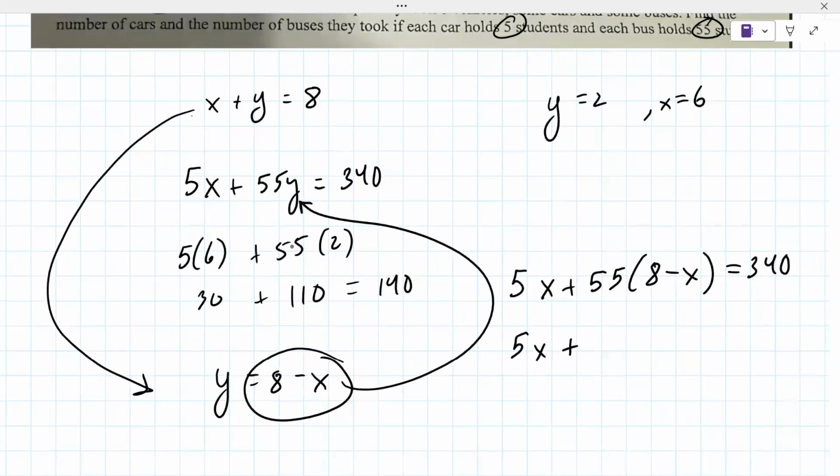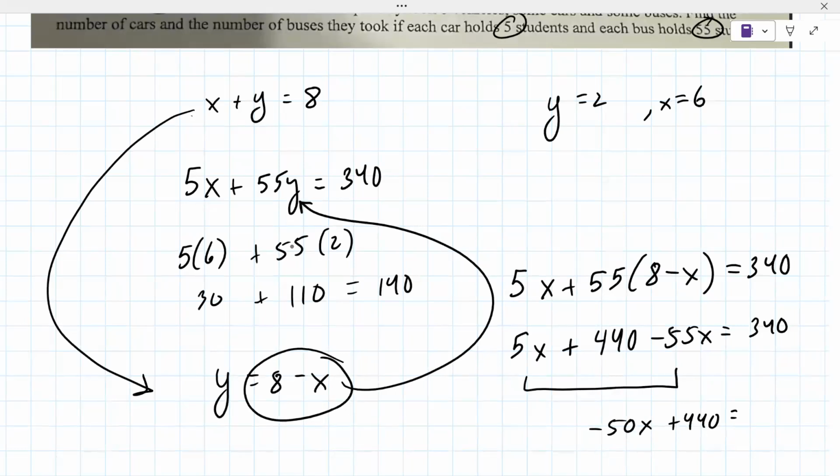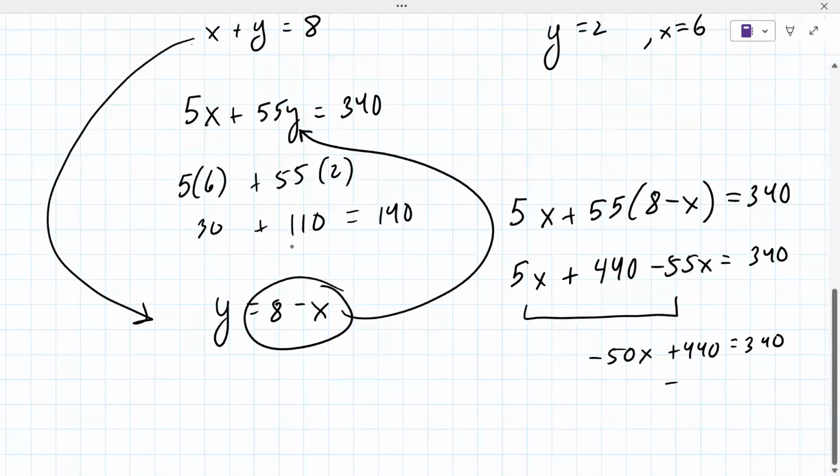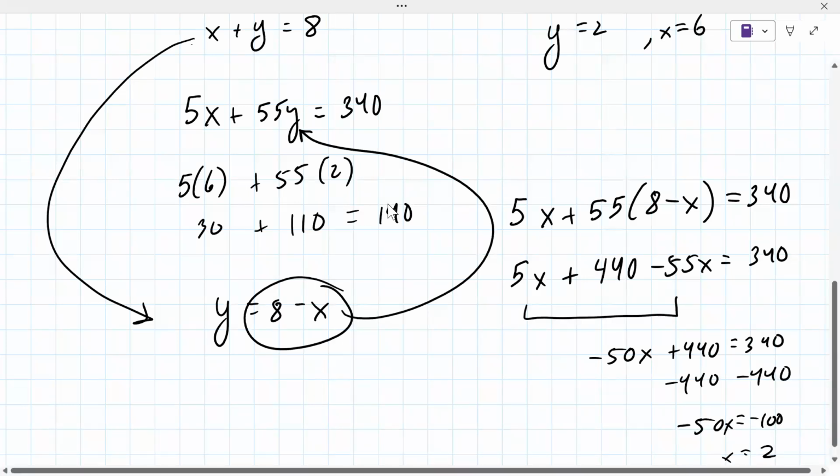So 5x plus 440 minus 55x equals 340. And so when you combine like terms, you get minus 50x plus 440 equals 340. And so, yeah, you just got them backwards or flipped. I don't know if you're going to say it, but on a multiple choice test, both would be there. Yeah. That's where you've got to be careful.